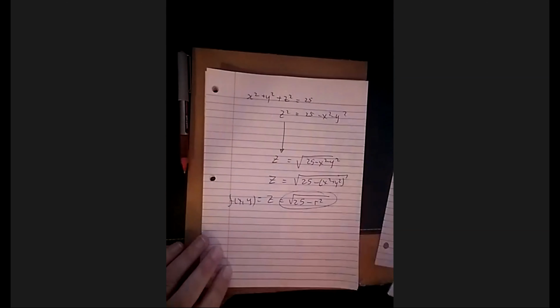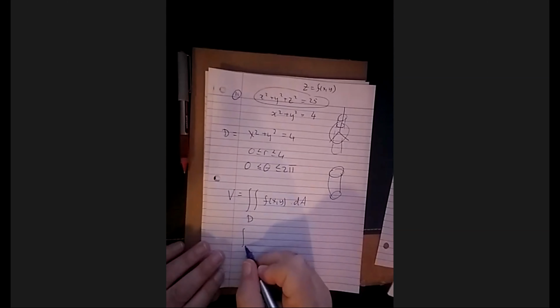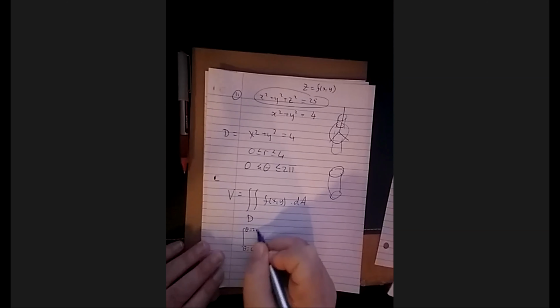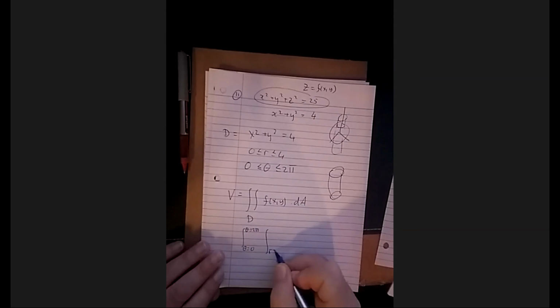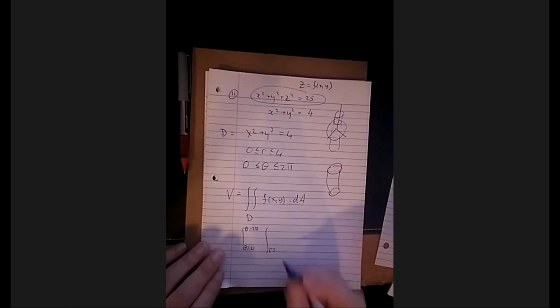So back to our volume. It's going to be the integral from theta equals 0 to theta equals 2 pi. The r value is going to be 0 to 4. Our function is going to be the square root of 25 take away r squared.